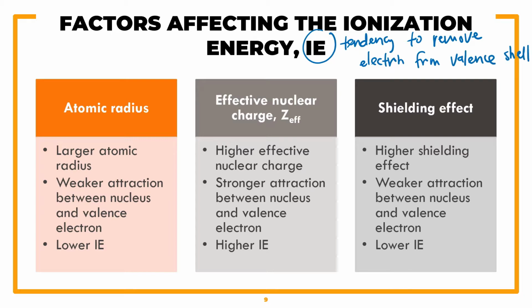The first factor is atomic radius. For atomic radius, the larger the atomic radius, the attraction between nucleus and valence electron will be weaker and IE will be lower. IE lower meaning that energy required to remove electron is lower. So this means the process of removing the electron will be easier.